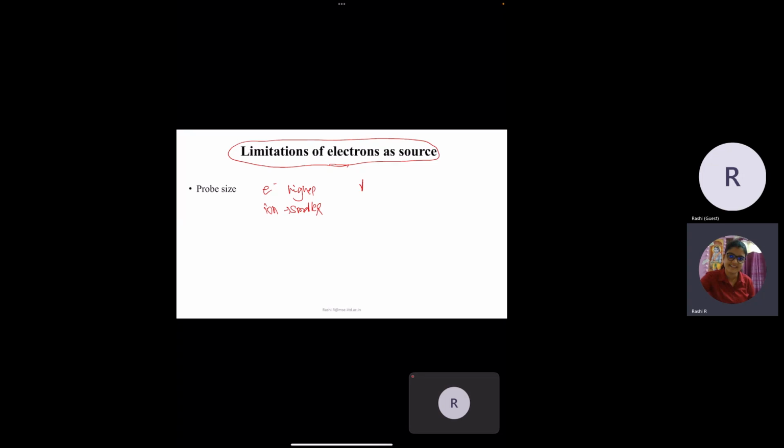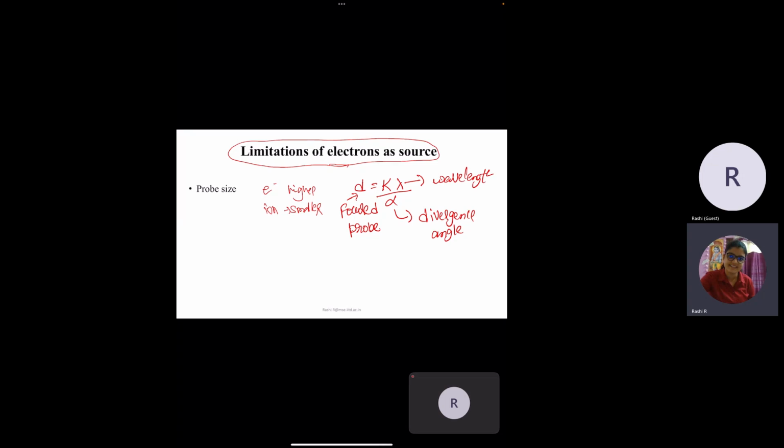As we all know, probe diameter d is equal to k lambda by alpha, where d is the focused probe, alpha is the divergence angle, lambda is the wavelength, and k is a constant.